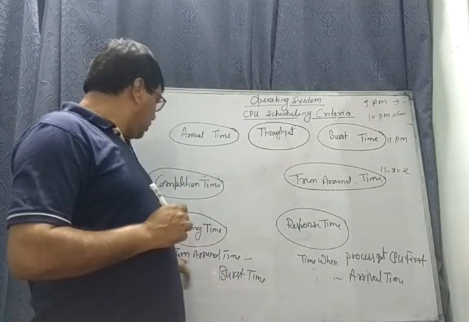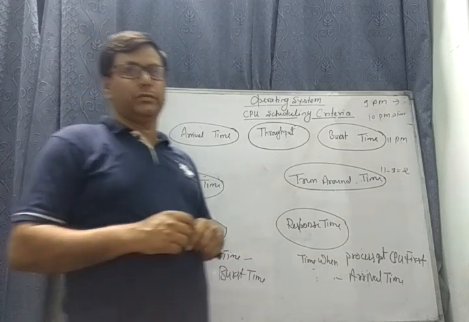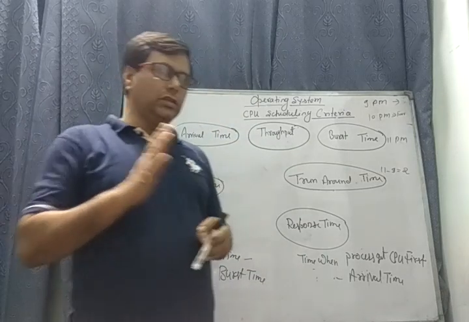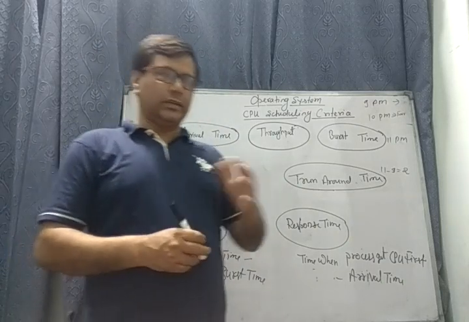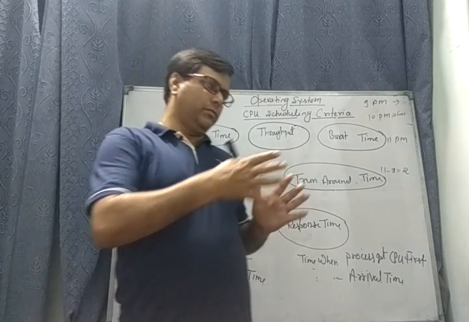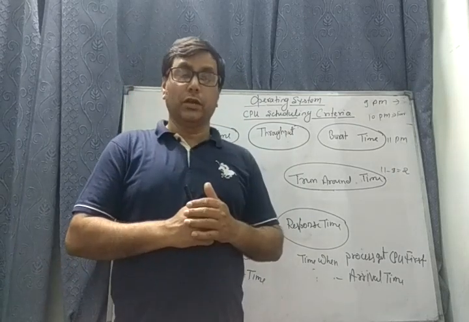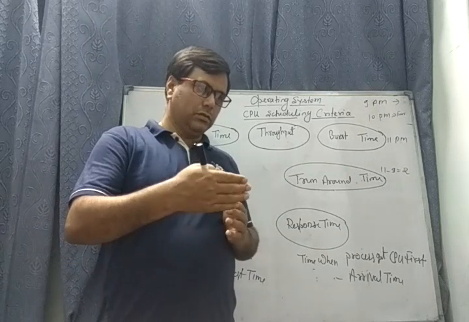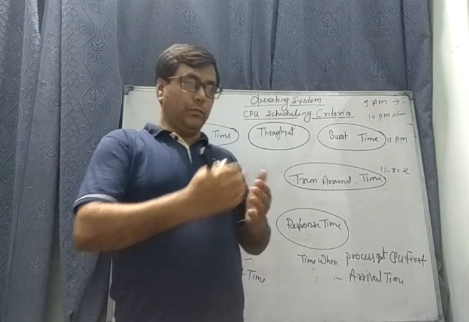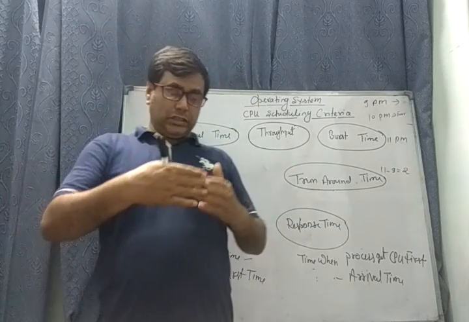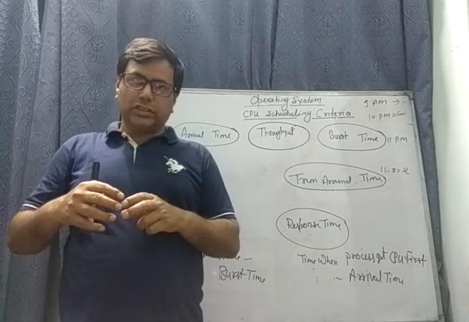Now next is waiting time. Waiting time here refers to the turnaround time minus burst time. When a process enters into the system, first of all, it waits for its turn as per the scheduling algorithm. The time from arriving into the system to starting execution is known as the response time.